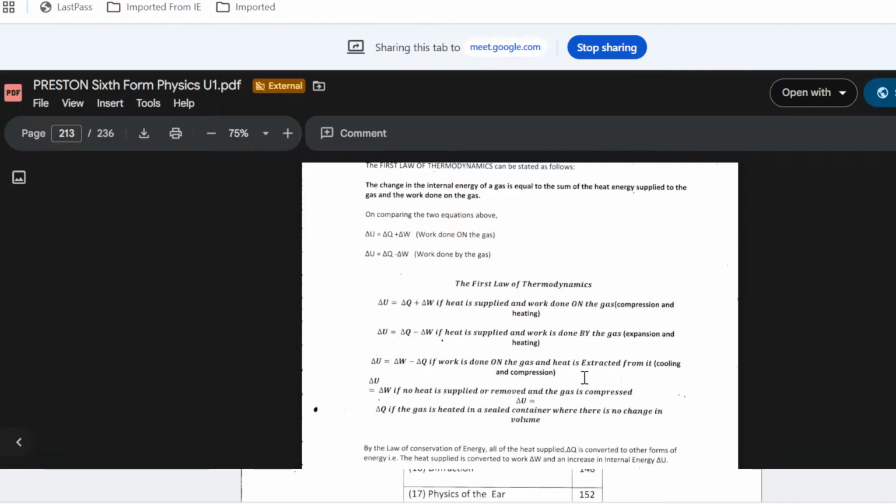All right. So if there's an increase in internal energy, there's going to be an increase in temperature. So I would use the first law of thermodynamics rather than trying to explain it with Charles' law in general. Okay, sir.